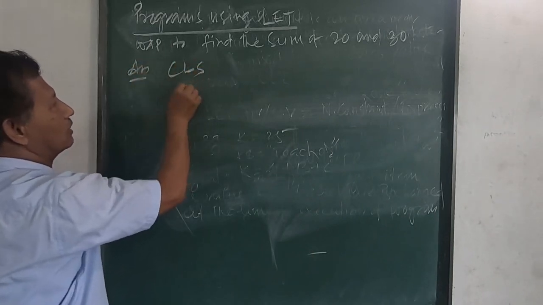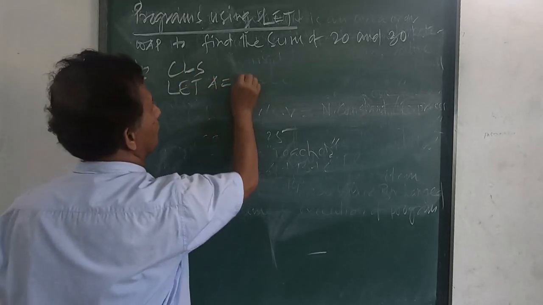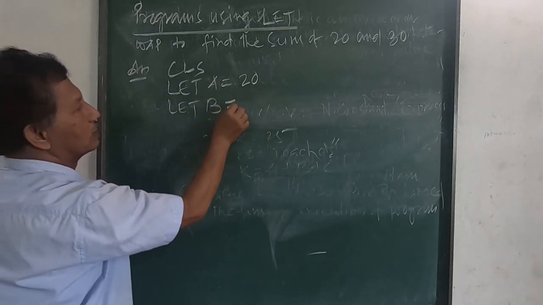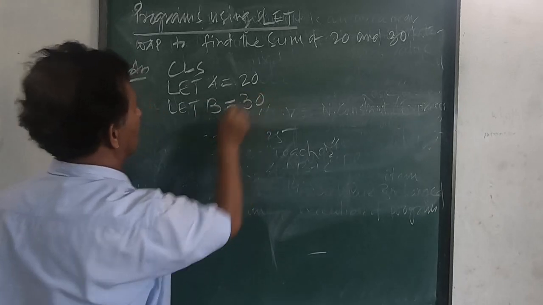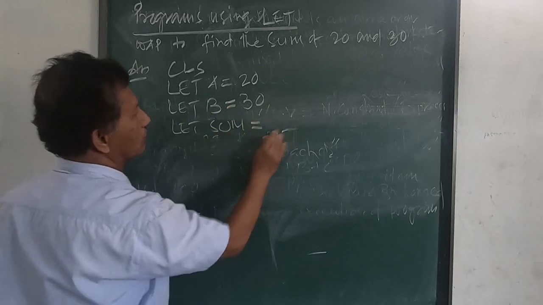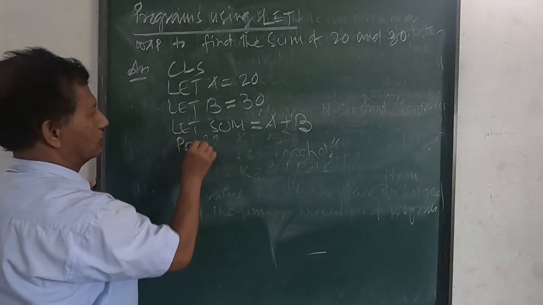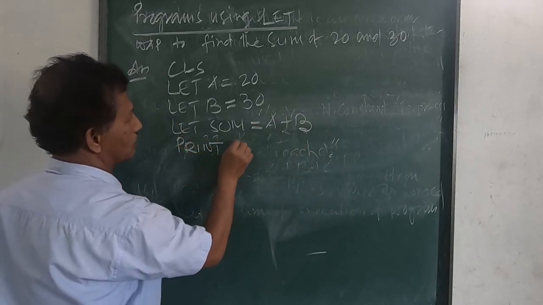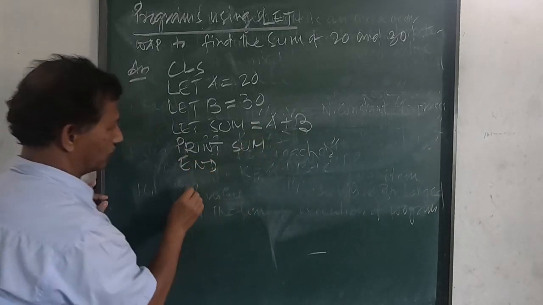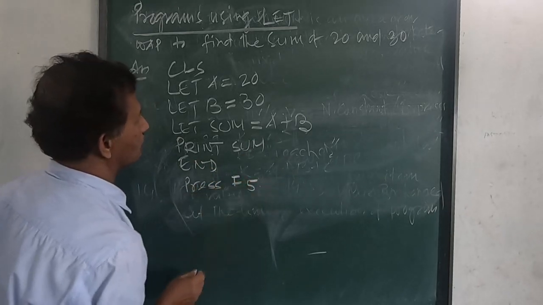CLS, let A equal to 20, let B equal to 30, let SUM equal to A plus B, print SUM, then press F5, answer will be 50.